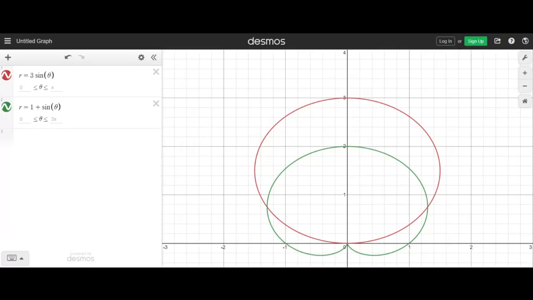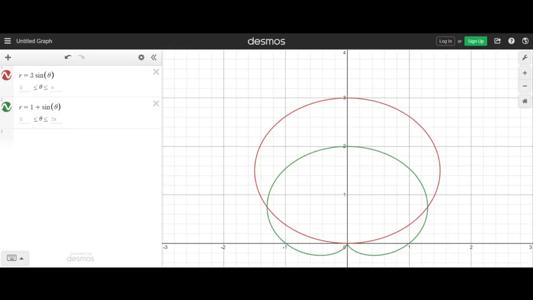They have the circle in red, you can see on the left, and the green means the cardioid is the green graph. If this were your homework or the exam, you would copy this down on your paper, and then proceed to solve the problem.